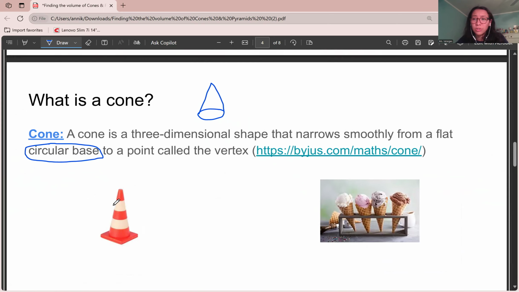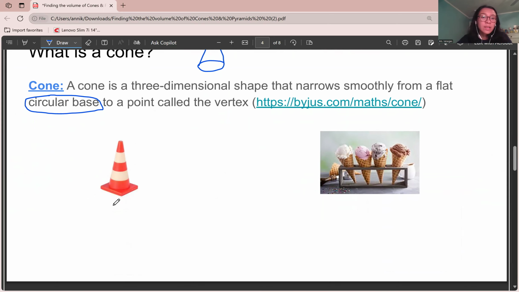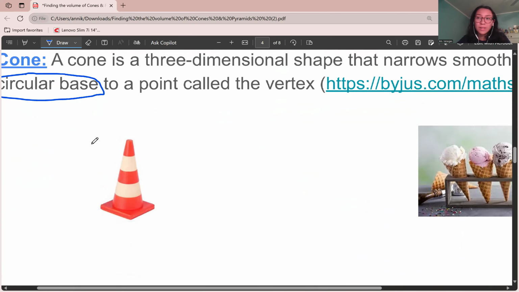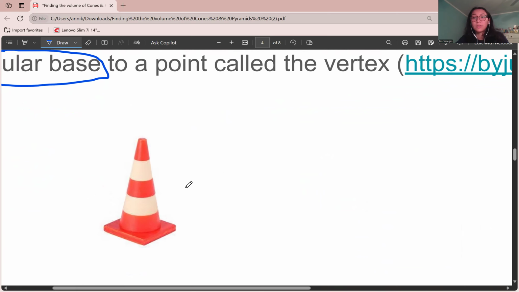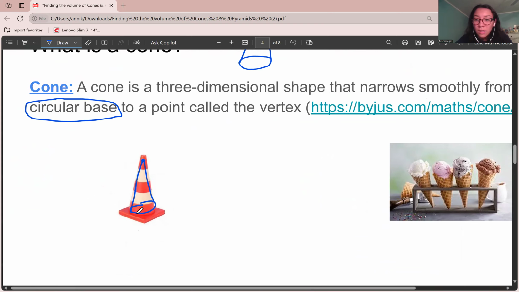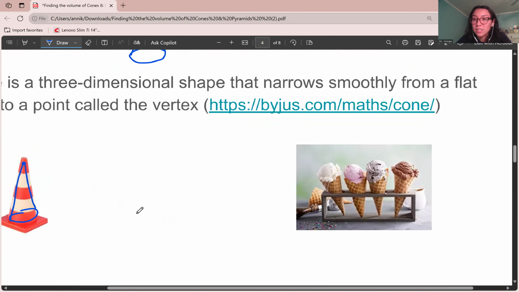And here are 2 real life examples. A traffic cone, you might see these on the street, or maybe when you're walking through a building when they don't really want you to go in that area, you'll see a traffic cone. It has that circular base, and then they meet at that nice vertex at that tipping point. And then hopefully everyone likes ice cream.